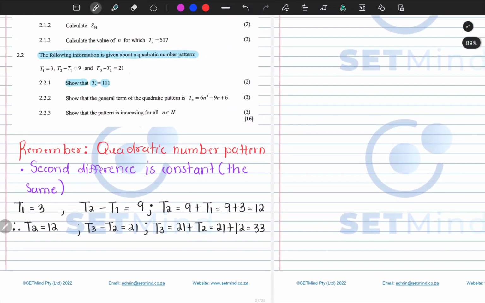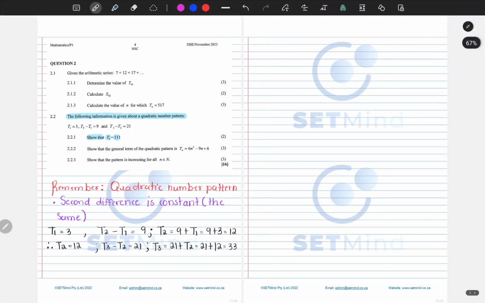Now that we have these, we can go ahead and quickly write them down. The first term is 3, the second term is 12, the third term is 33. The difference between these terms is 9. Then the difference between term 3 and term 2 is what is given already, which is 21.